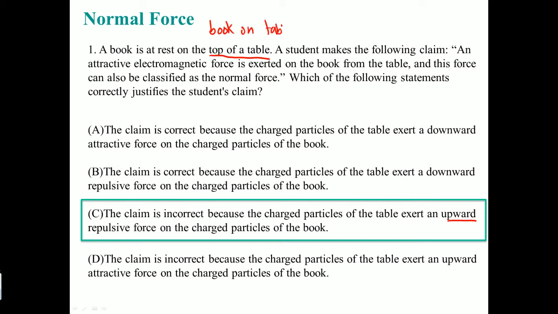There's going to be an upward force going from the table to the book. The claim is incorrect because the charged particles of the table exert an upward force on the book. So table on book. That's why the claim is incorrect. This is due to Newton's third law.